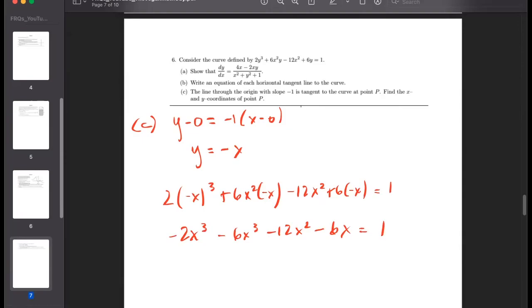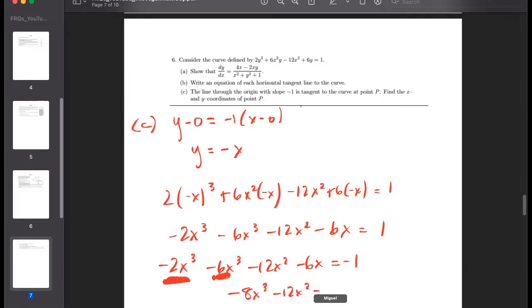I'm going to bring the 1 to the other side: -2x cubed minus 6x cubed minus 12x squared minus 6x is equal to -1. Can I combine anything? Yes, the x cubed terms, so -8x cubed minus 12x squared minus 6x minus 1 is equal to 0.